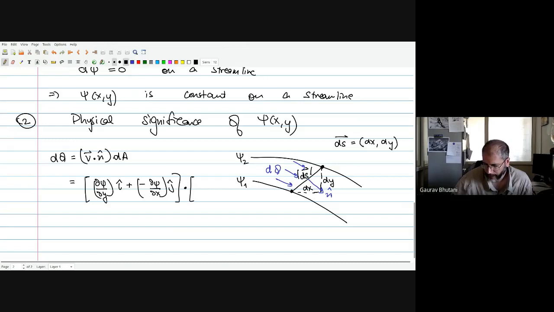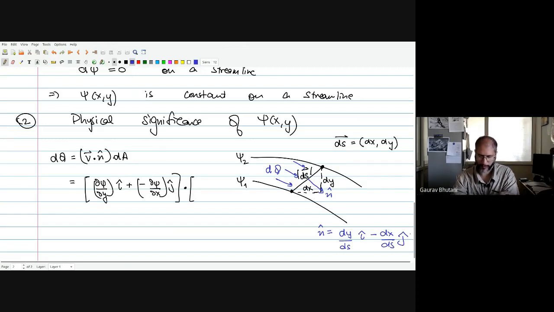Now the n vector from coordinate geometry, we can see, will have an x component which is proportional to dy by ds, and a y component which actually will be negative of dx by ds. You can work it out yourself.